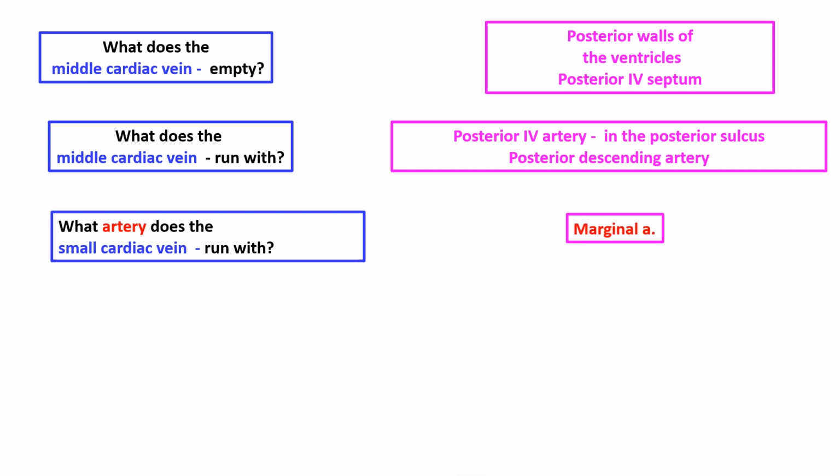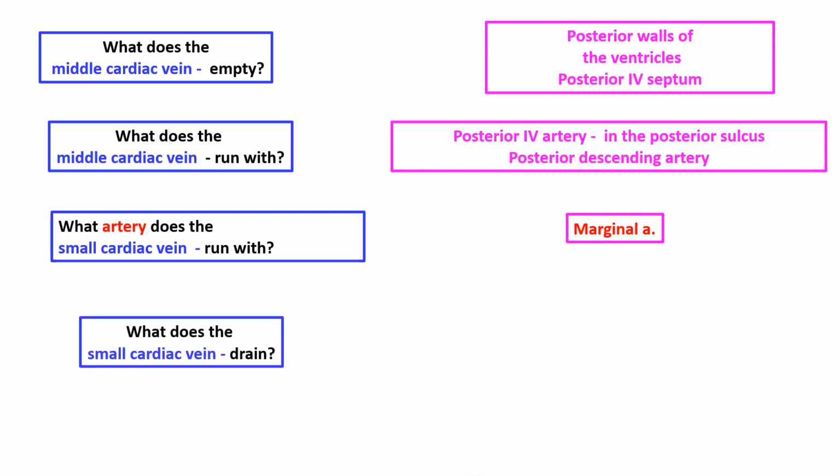Therefore, it is going to run along the marginal artery. What does the small cardiac vein drain? It drains the right ventricle on the lateral side.